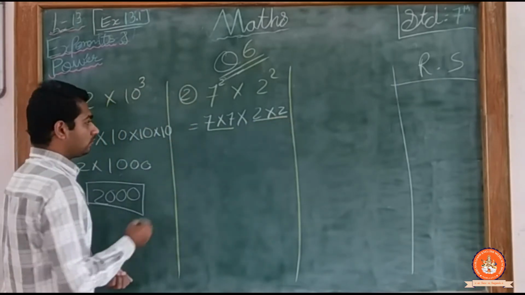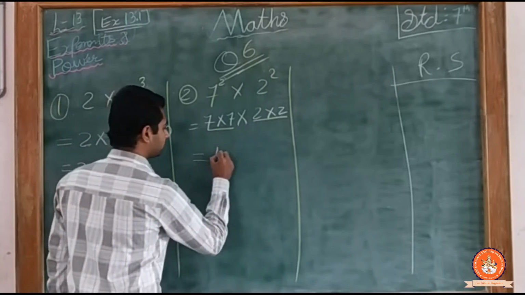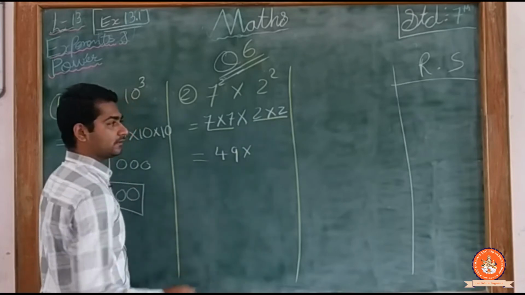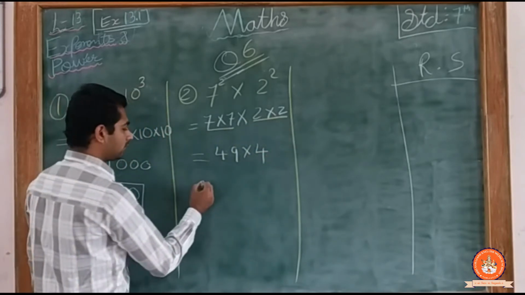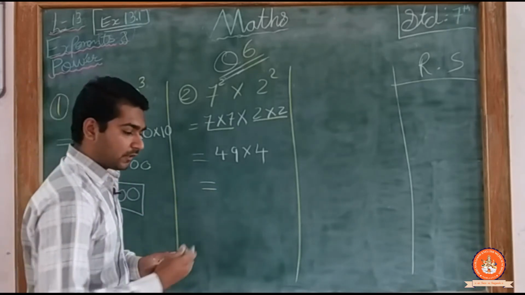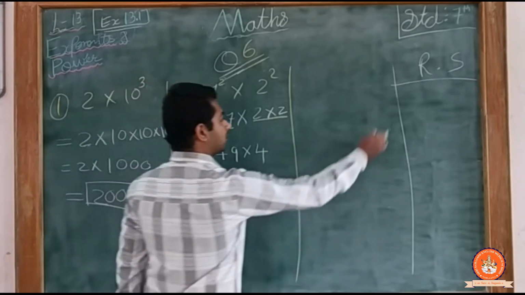Understand? Now let's take the answer. 7 sevens are 49. Multiply here. I am putting 2 twos are 4. You have to simplify it. You have to solve. Now as I told you, you have to take the rough side in your book. I will take the rough side on my board. This is my right side.